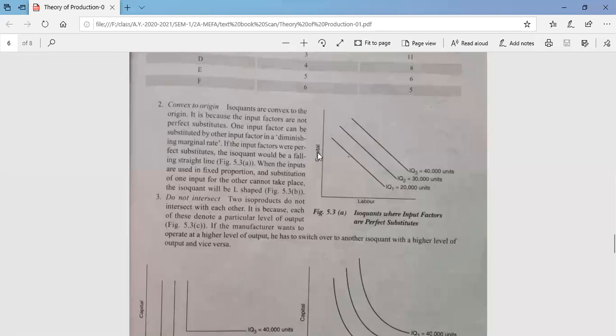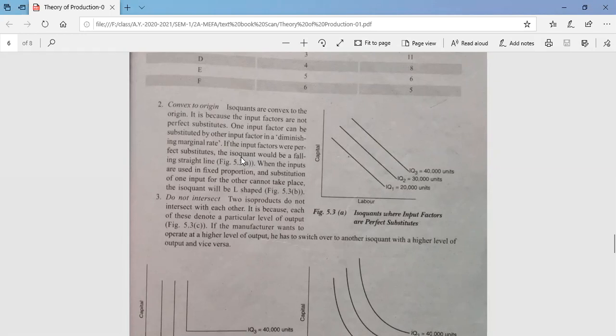What does perfect substitute mean? For every 1 unit increase in input, there is a 100 unit output increase. If I remove one person, there should definitely be a 100 unit output decrease.